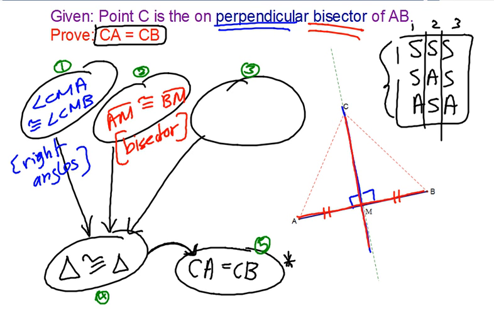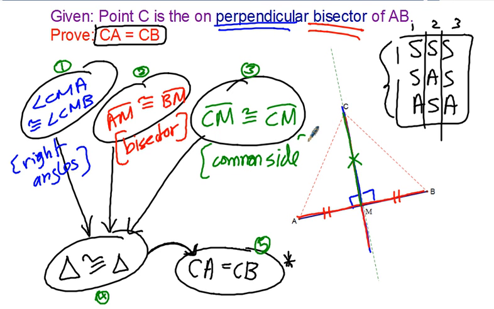And thirdly, we see that the triangles are joined by segment CM, so that's a common element to the two triangles. CM matches itself. Whoa, shocker. This is just a common side of the two triangles.